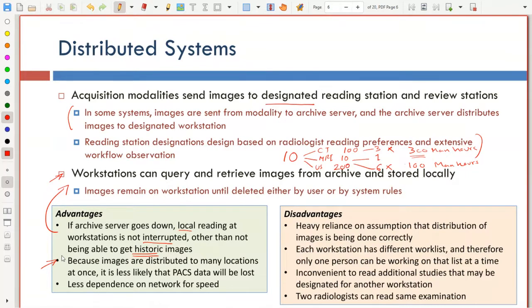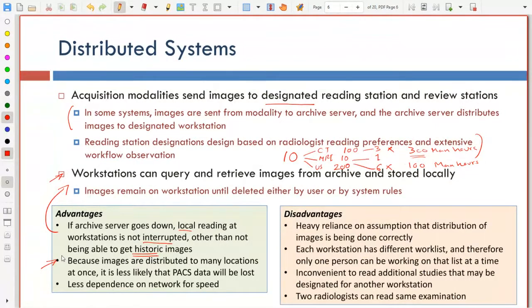For example, when the acquisition modality sends the data to the archive server in the client server model, or to the workstation in the distributed system, it doesn't delete the studies from its memory. It still has storage on its own, and it keeps a copy, at least until the hard disk fills up. So the data is still saved in at least two places, in the client server or the distributed system.